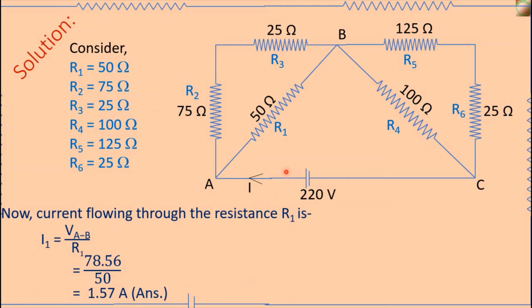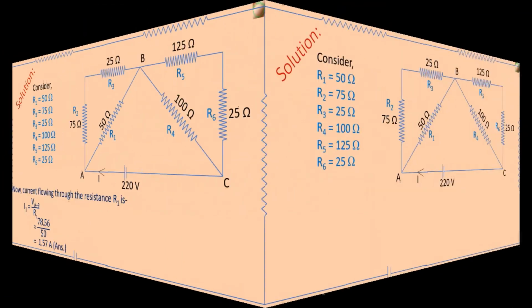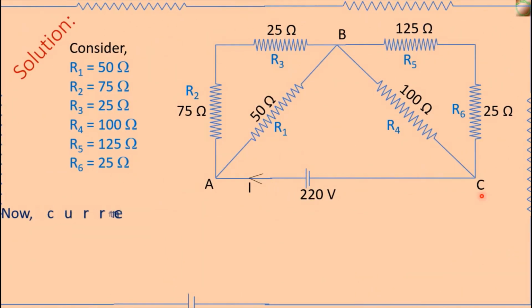That is, one part of I is flowing through R1 and this part is 1.57 ampere. Now we will determine the other part, which is flowing through resistances R2 and R3. As the same current is flowing through R2 and R3, we will determine it.